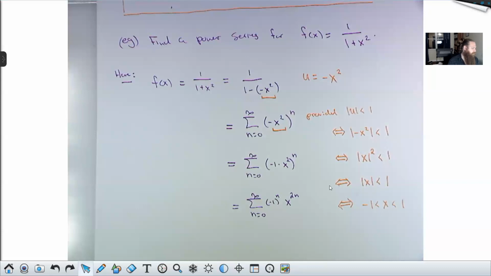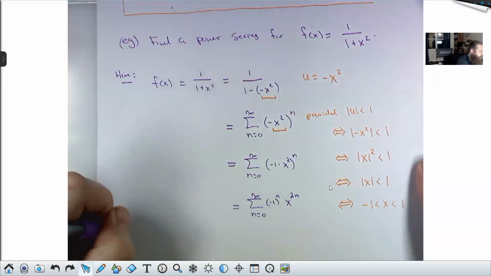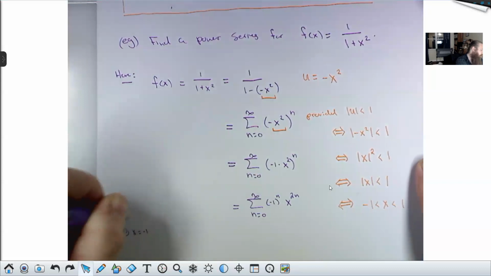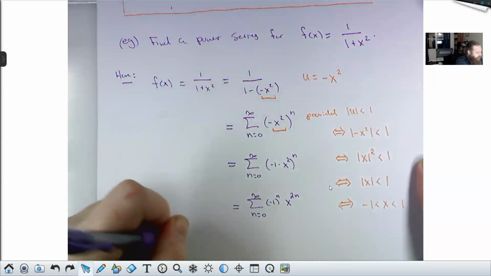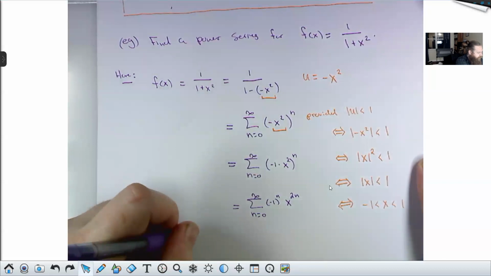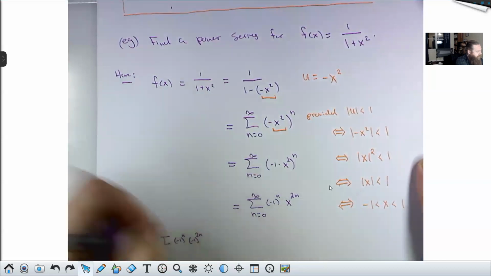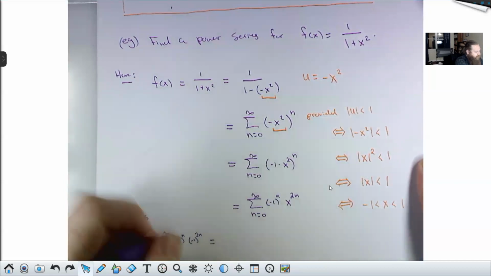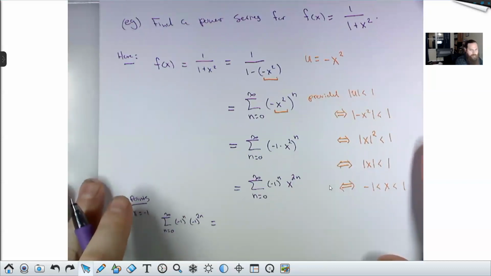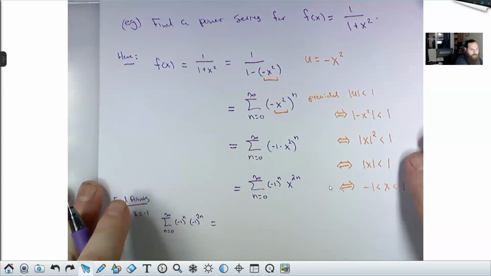But I can pay lip service to it here, right? So at x equals negative 1, we're testing endpoints. We get sigma negative 1 to the n times negative 1 to the 2n summed from 0 to infinity. And since negative 1 to the 2n is an even power of negative 1, it's always just 1.